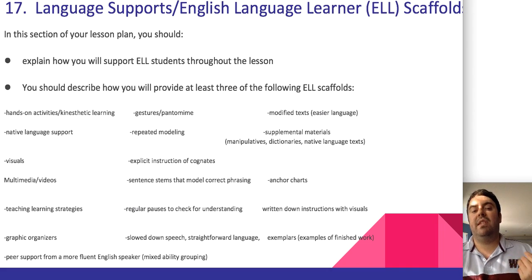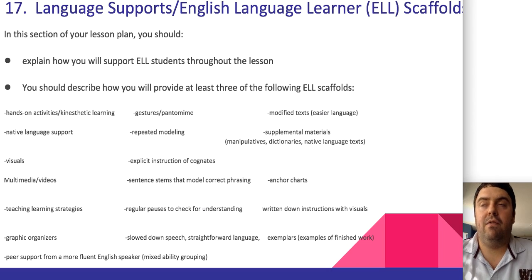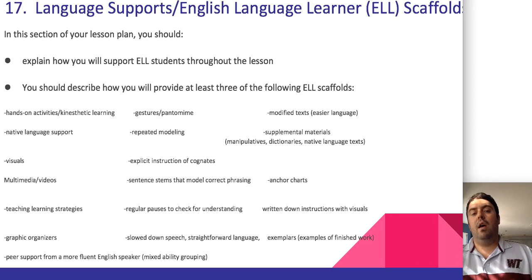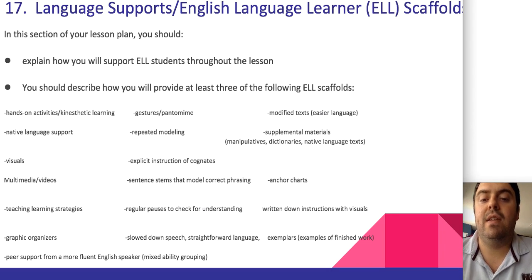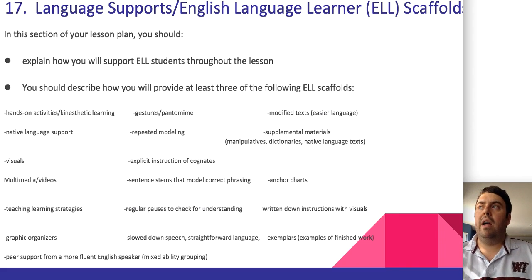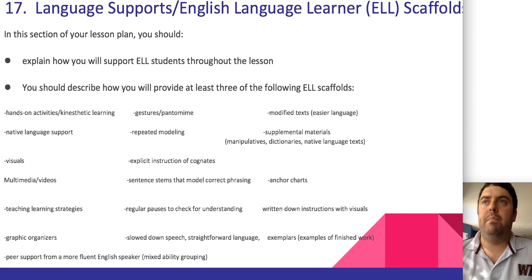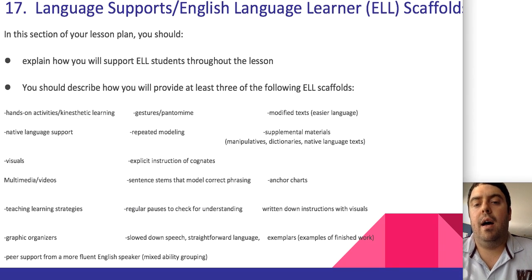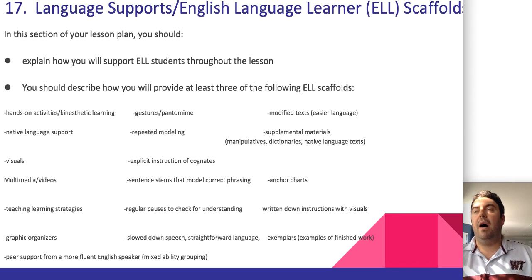So some types of scaffolds you could be providing: visuals or videos. You could be providing hands-on activities, anchor charts where you write down the information and the key steps in completing the problem. You could provide students with gestures or pantomime, repeated modeling, frequent pauses.